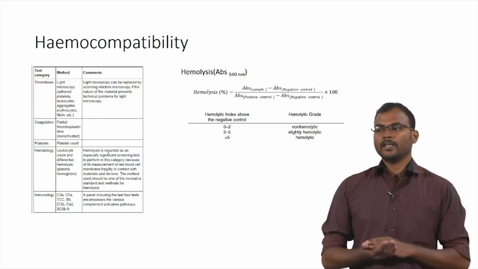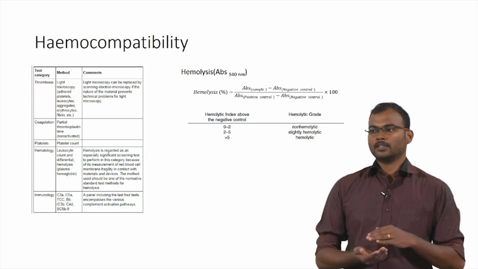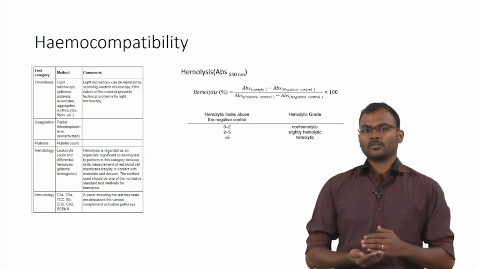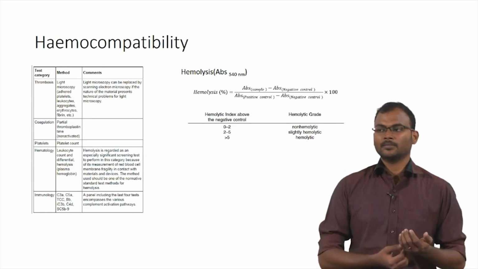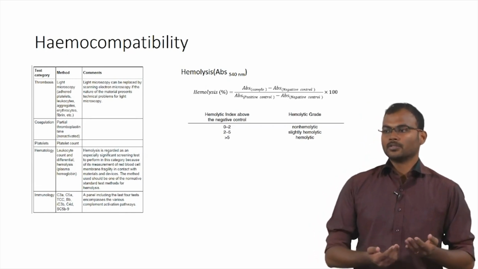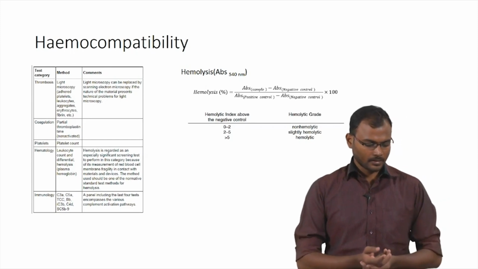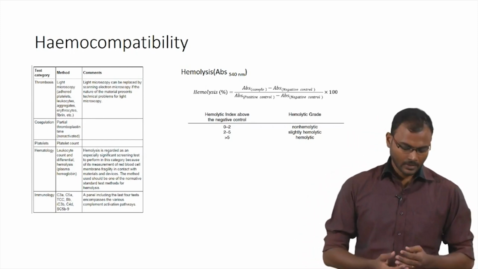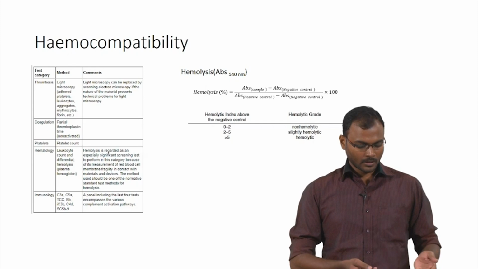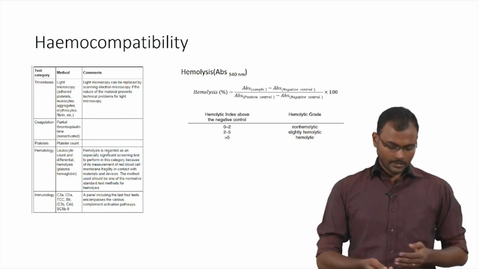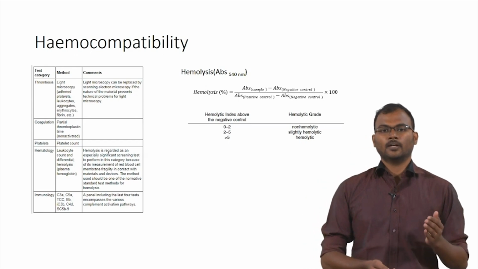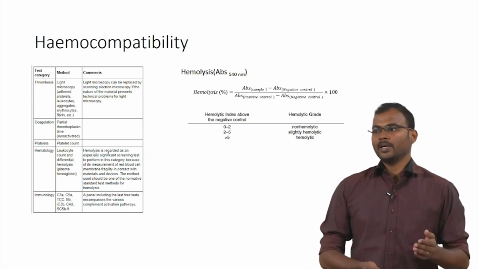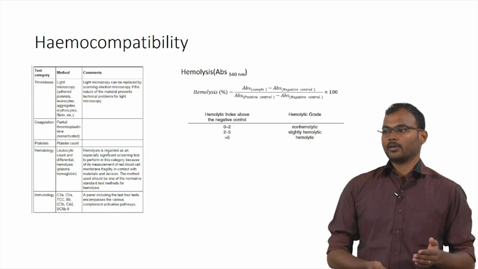If your material is avoiding thrombus formation, there will be a delay in thrombus formation, whereas in the reference material it would be formed immediately. Based on that you find out the partial thromboplastin time, and you can look into markers of the coagulation cascade like C3a, C5a. There is a series of pathways involved in the coagulation cascade.